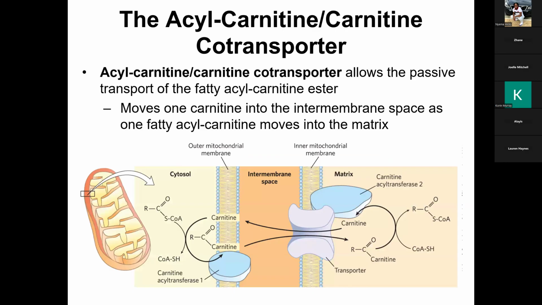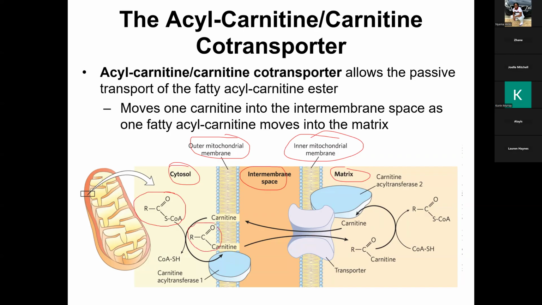And the shuttle is here. So I'll run through it. What happens is that you have the cytosol, the IMS, and the matrix, like I was saying, the outer mitochondrial membrane, the inner mitochondrial membrane. You might have some fatty acid CoA floating around in the cytosol. It is uncommitted. Maybe it will be anabolism, maybe it will be catabolism.